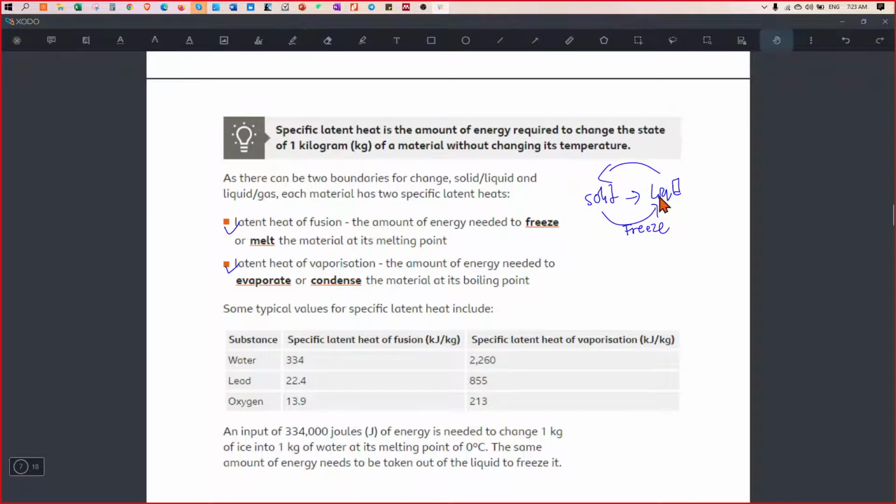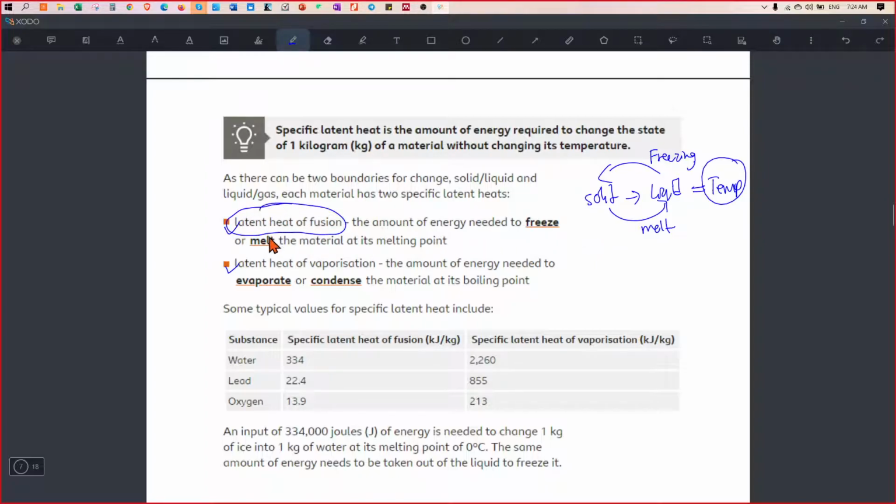Solid to liquid, this is melting. Liquid to solid, this is freezing. When this happens at the same temperature, this is the heat of fusion.